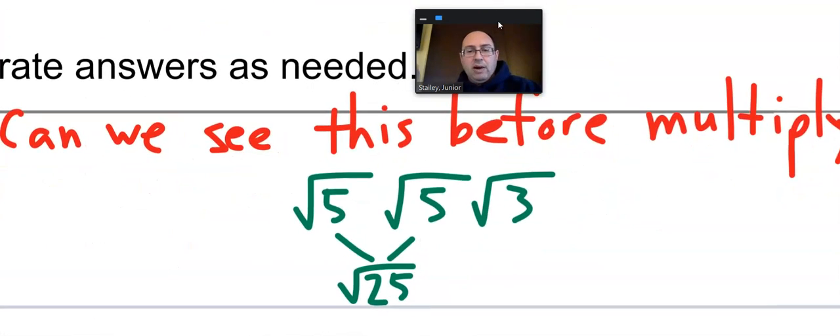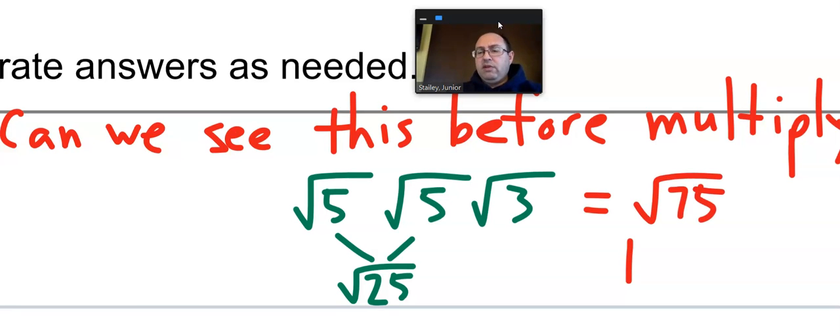Okay, I'll make up a new problem, totally separate. What if you had a problem like this, and you saw that 5 times 5 is 25? That would generate a perfect square. And so, instead of putting them together and saying, oh, that's the square root of 75, which we could look at it and say, oh, that's going to be 5.